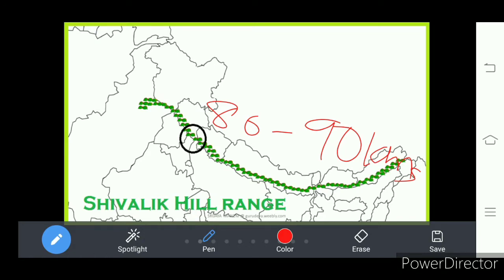Okay. And in this gap, we see there is a valley formed by the Tsang river.